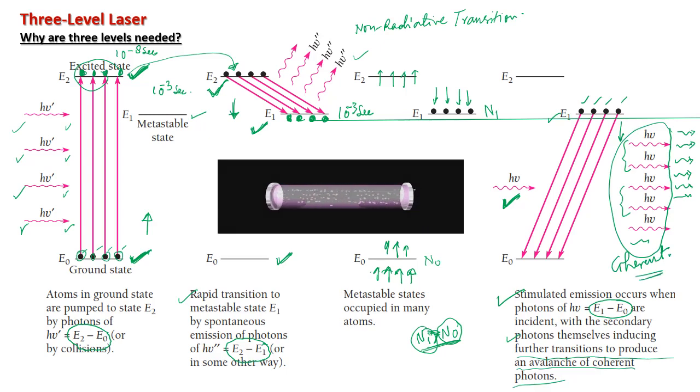When you trap all these photons inside the cavity of the laser, this side is a fully reflecting mirror, and this side you have a partially reflecting mirror.